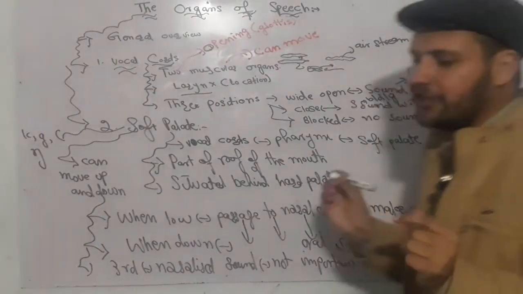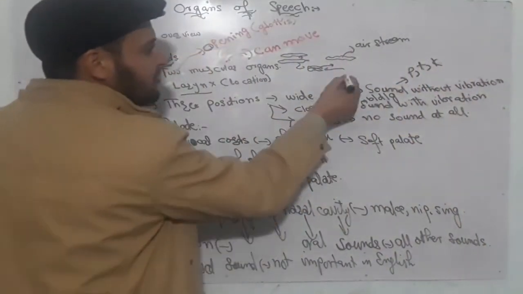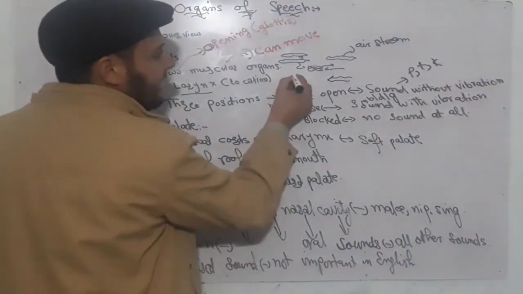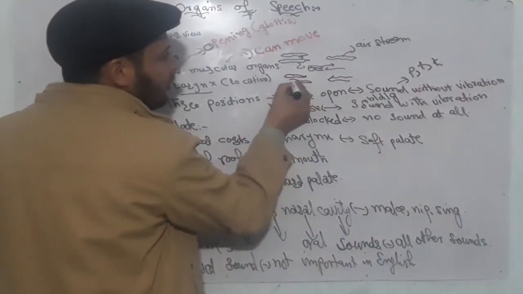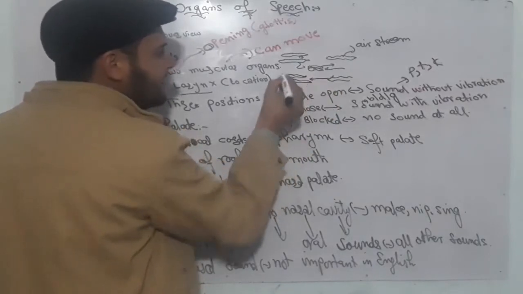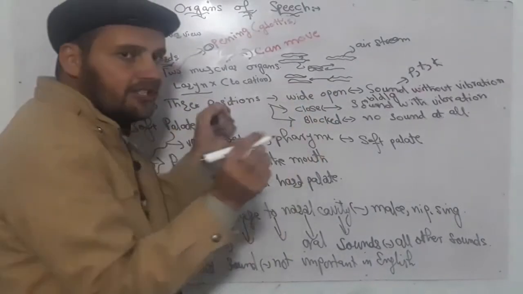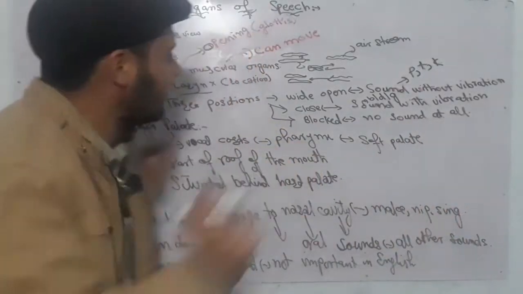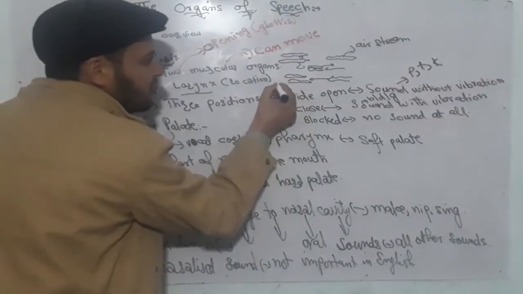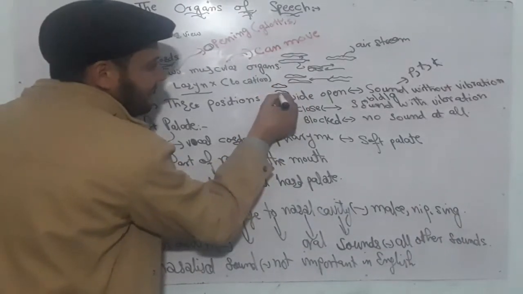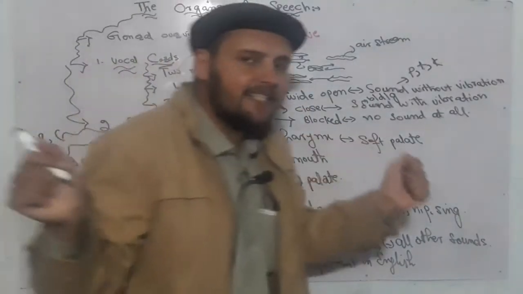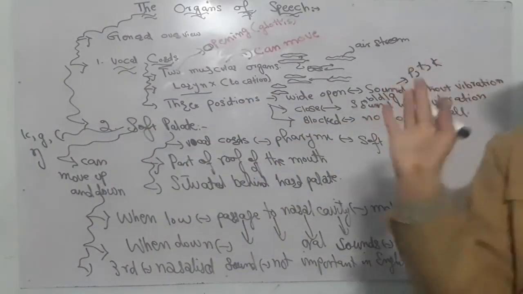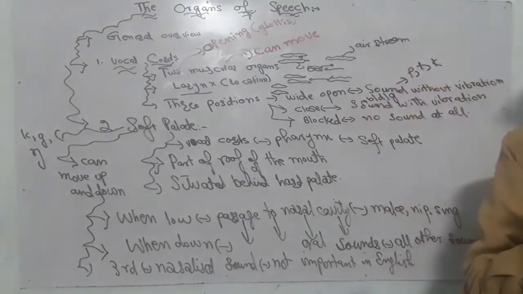In the next position, the airstream comes and here are the vocal cords. When the airstream enters the vocal cords, it tries to separate them like this. But in turn the vocal cords try to not allow the airstream to go.